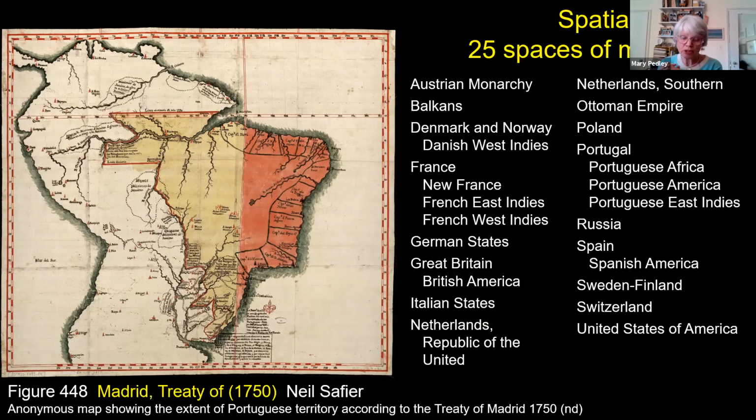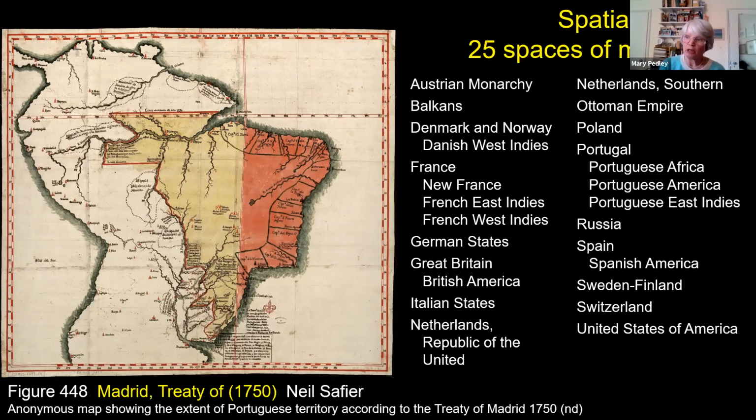And that allows us to really look at different events in the history of mapping, as for example, the very important mapping of South America you see in this map here, which was affected by an important treaty, the Treaty of Madrid of 1750.